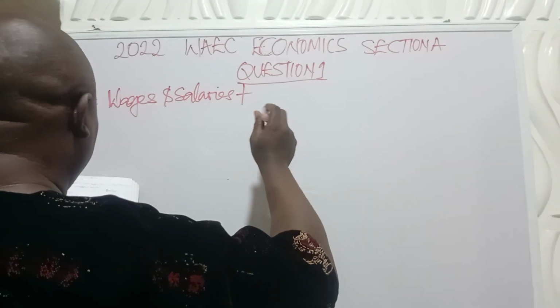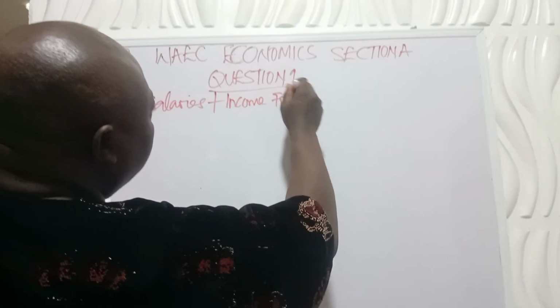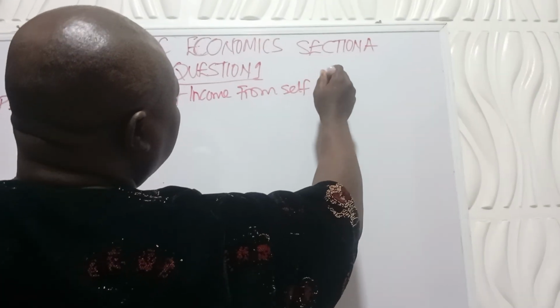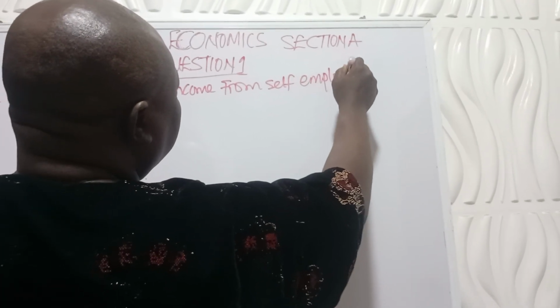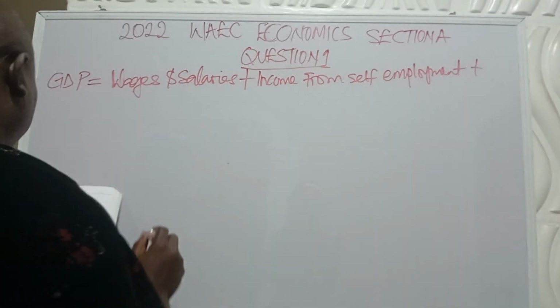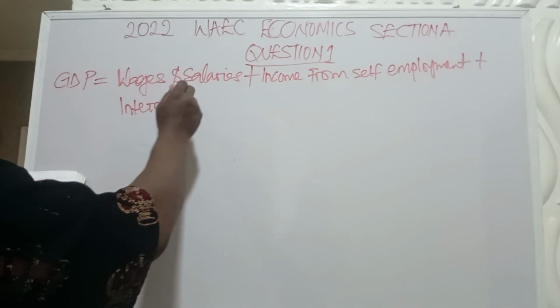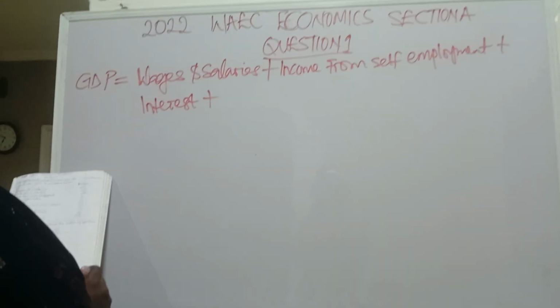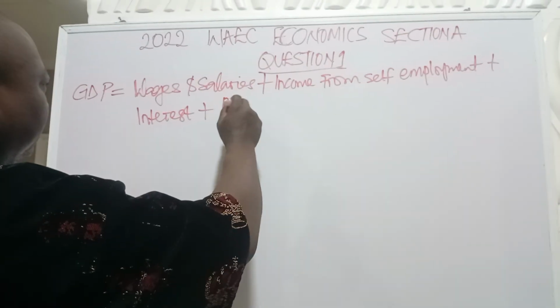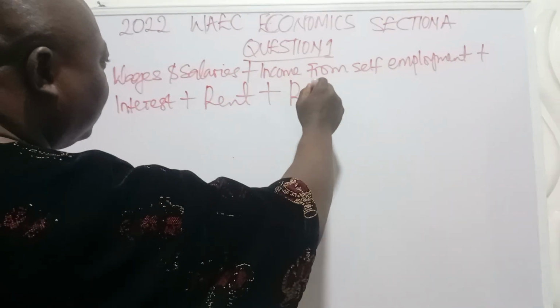Then you add income from self-employment. Then you add interest. Then you add rent. Then you add royalties.